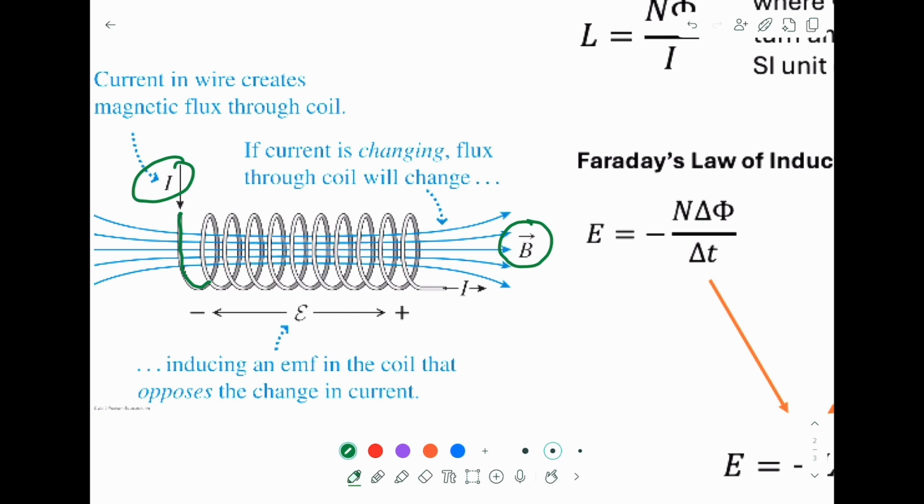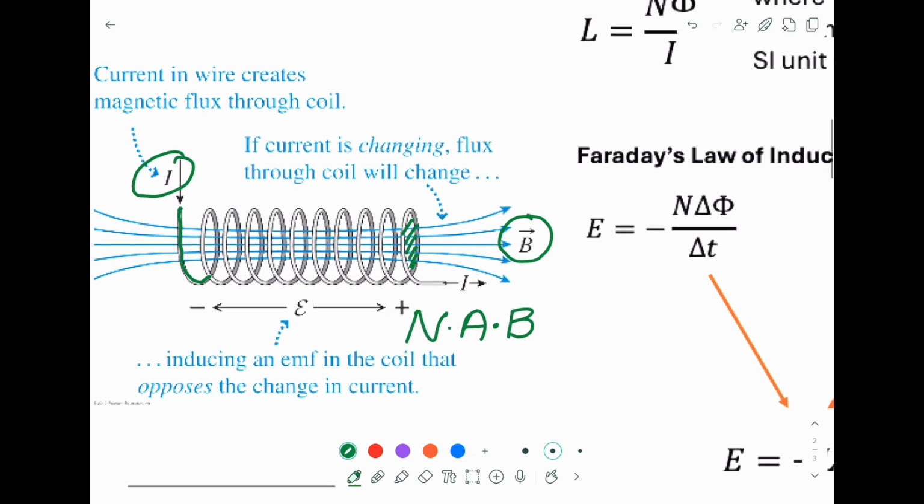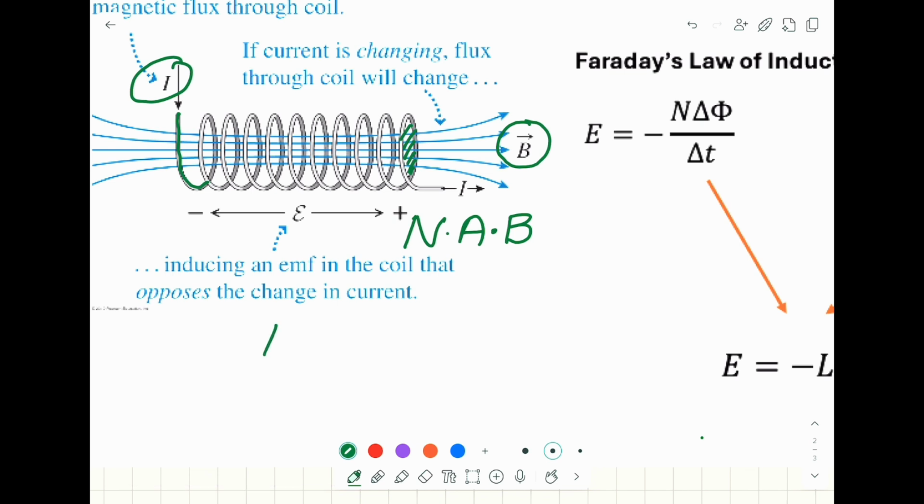Magnetic flux is defined as the area A multiplied by the magnetic field. Because there are many turns in a solenoid, the total magnetic flux must equal N times A times B, or simply N times the magnetic flux, because A, the area, multiplied by the magnetic field, we call flux.